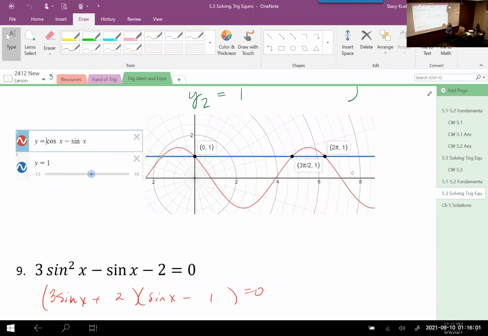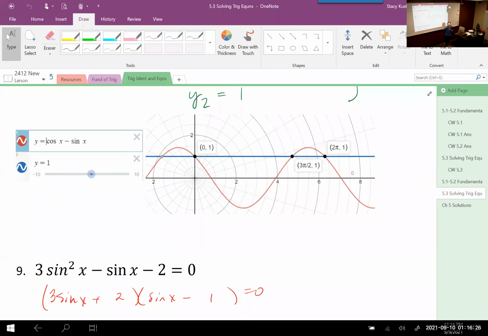You can see that the intersection occurs at 0 and 3 pi over 2, if we are only talking about the interval between 0 and 2 pi, right? Because it's going to keep repeating. So really, if we're only interested in the answers between 0 and 2 pi, then I have two solutions that occurred, 0 and 3 pi over 2.